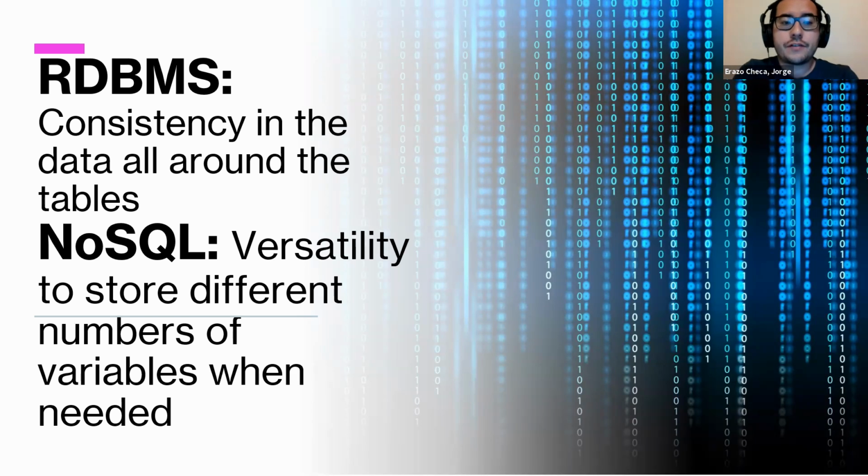Regarding the NoSQL database, we are going to use MongoDB, and we are going to store information through MongoDB's documents. The versatility is why we chose to store the data around sales in a document database like MongoDB, because we can add a number of categorical variables, and we can add more in the future if we want.